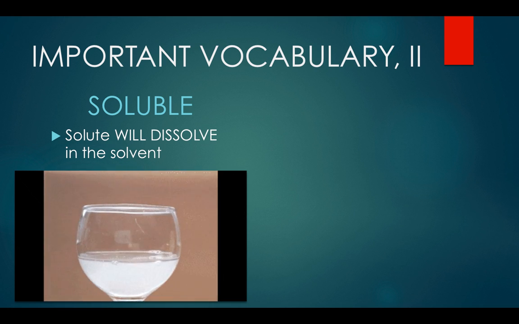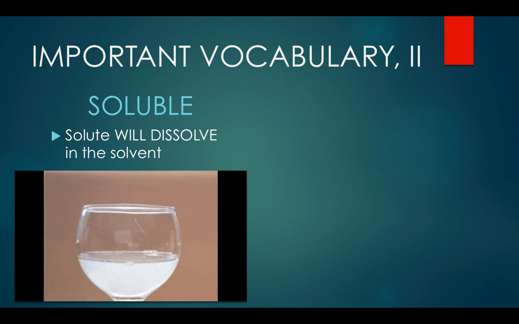So any substance, or the solute I should say, that will dissolve in the solvent, that substance is soluble. So salt is soluble in water. Sugar is soluble in tea.